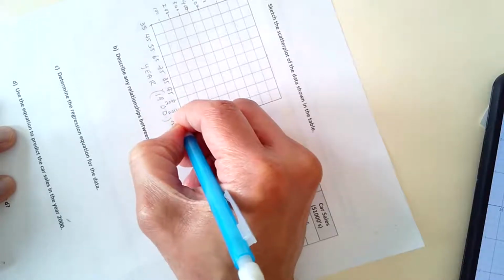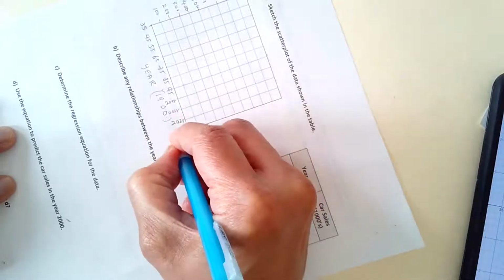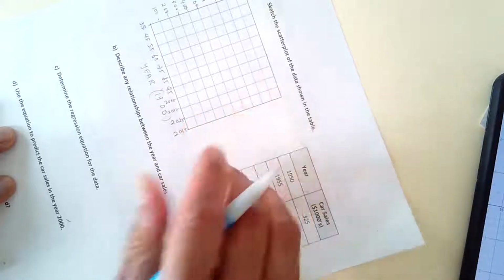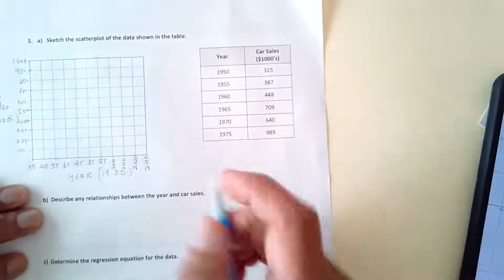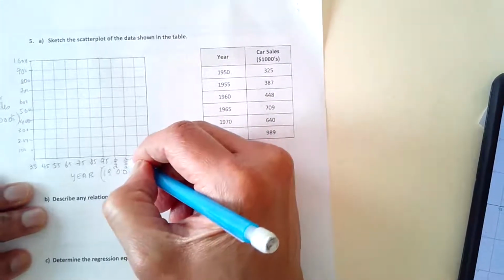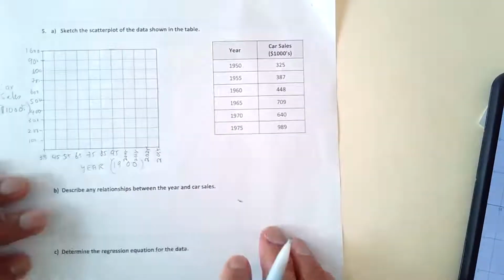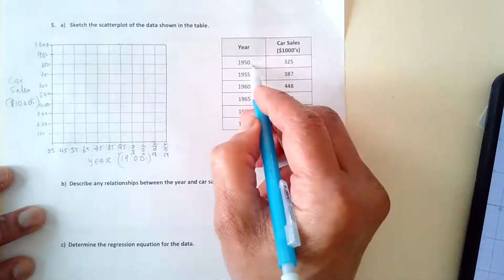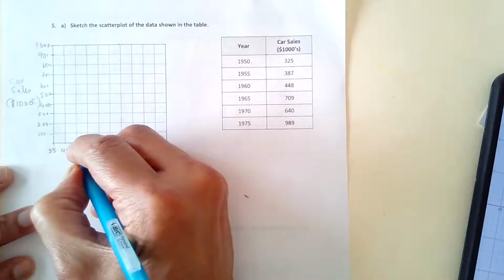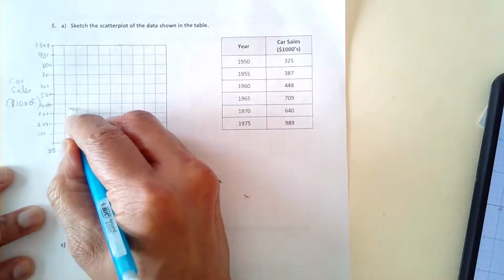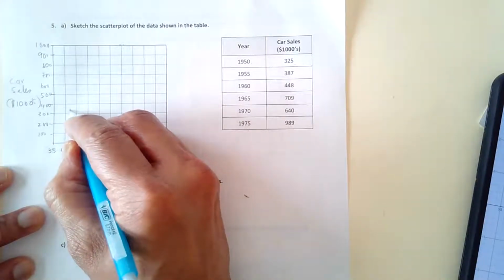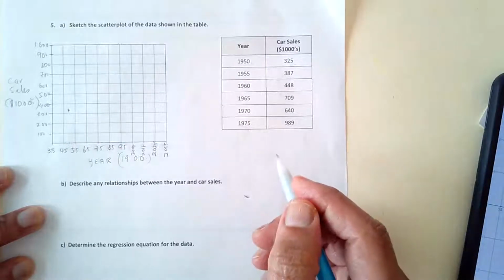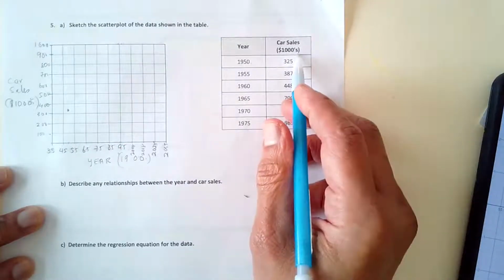2015, 2025, 2035. So there's my set of data. 1950, 325, which is about here. 1950, 325, thousands, by the way.